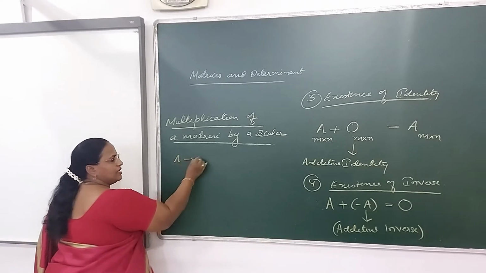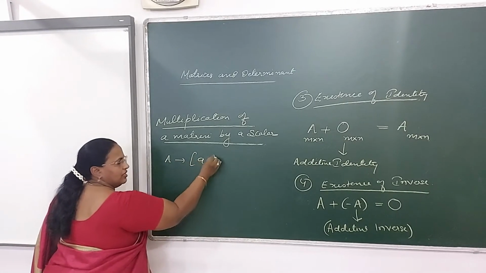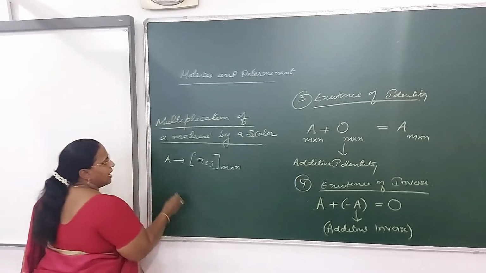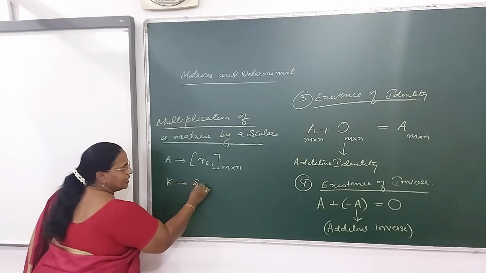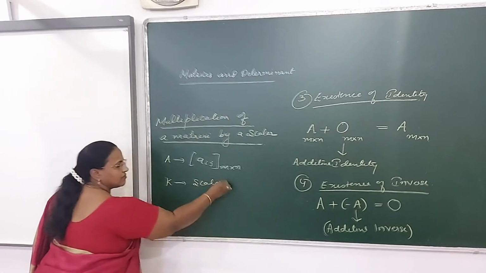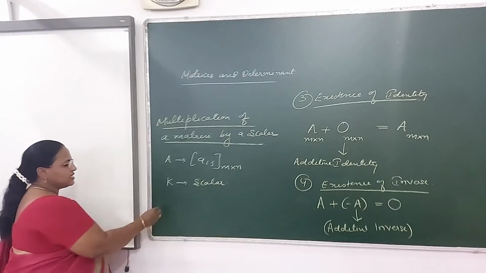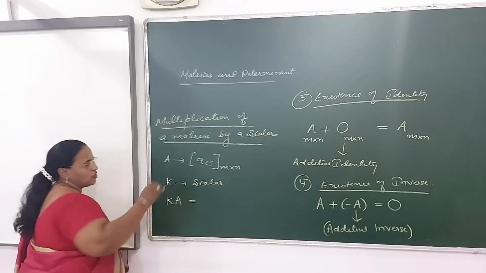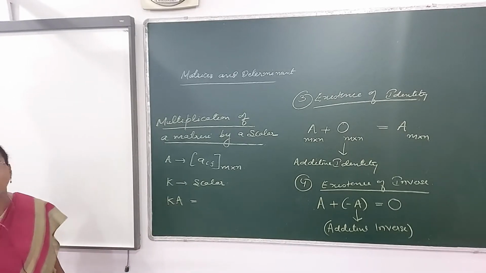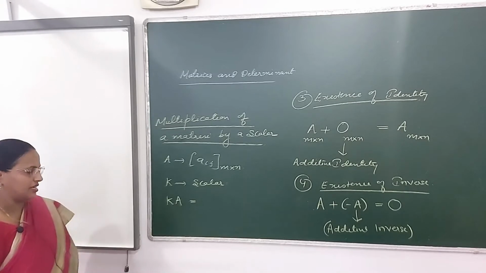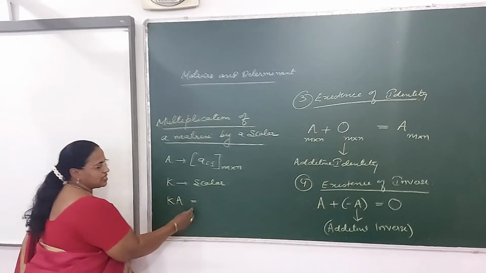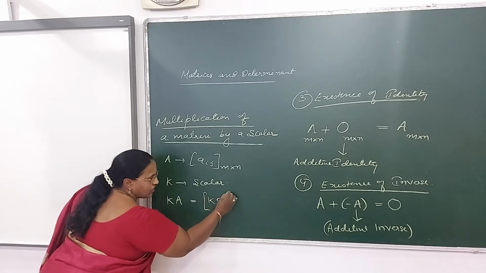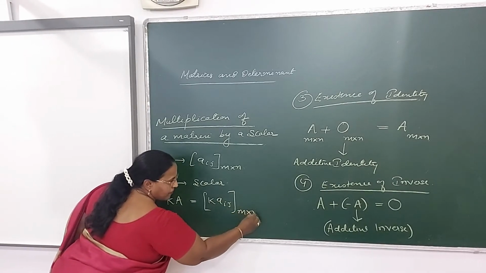Let A be a matrix Aij of any order, let the order be m by n, and k be any scalar. Then what does k times A mean? This k you have to multiply to each and every entry of the given matrix. That means k times A will be k into Aij of the same order.